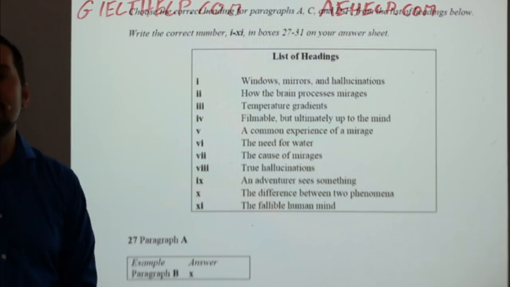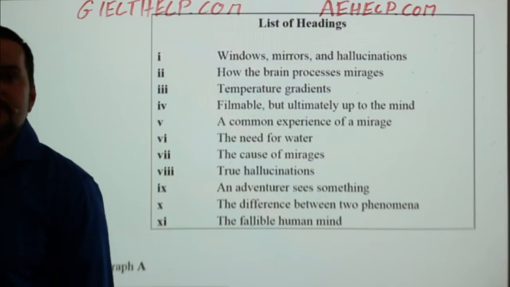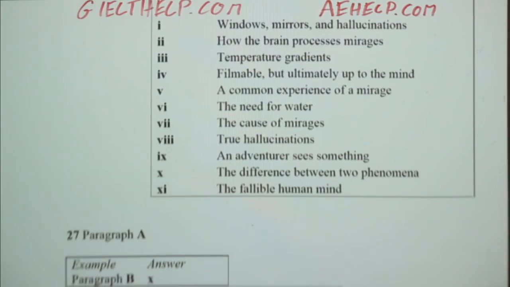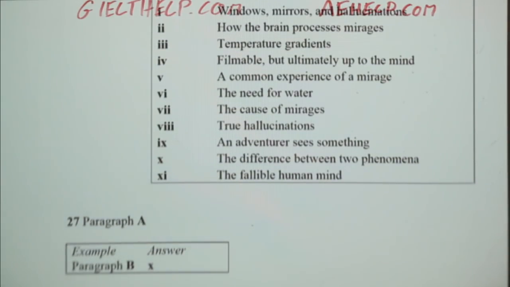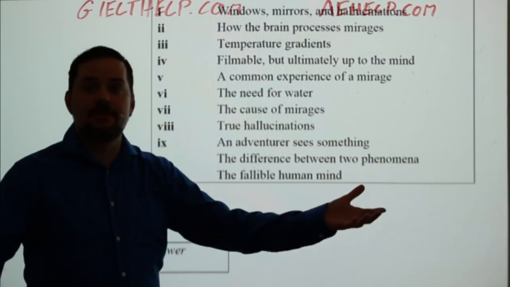Which one do you think is the closest to my answer? A man seeing what's not there. Which one is the closest one to a man seeing what's not there? Yeah, for all of you who are choosing number 9, absolutely, an adventurer sees something, okay?